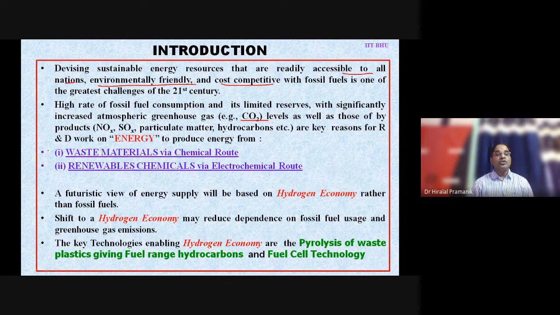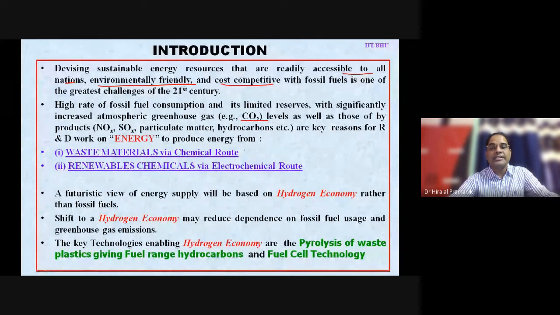If you can use those waste materials to get back the energy, because they are waste but also an energy material, you can convert them via some technology to get a fuel, or fuel-like chemical or material, and that will give you energy again in the form of electricity or thermal energy. So waste material via a chemical route I shall discuss. That will really enlighten you, and you can think of it for future research as well.